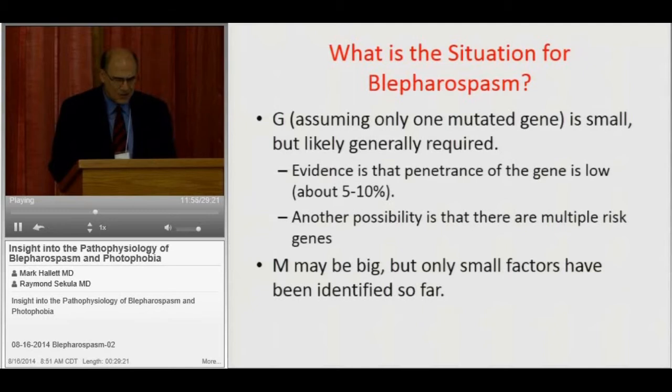So at the moment then, G, the influence seems to be small, but it almost certainly is in fact required. At least some risk genes are going to be required. And the external modifiers are going to be big, but only small factors have been identified so far. So we really have a lot more work to do in this regard to understand exactly what's happening.